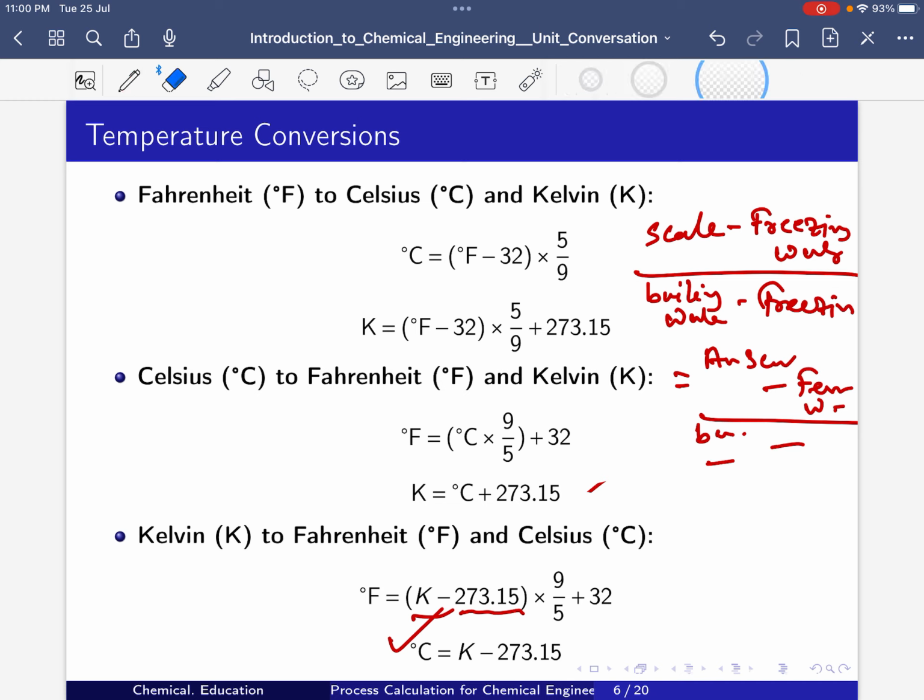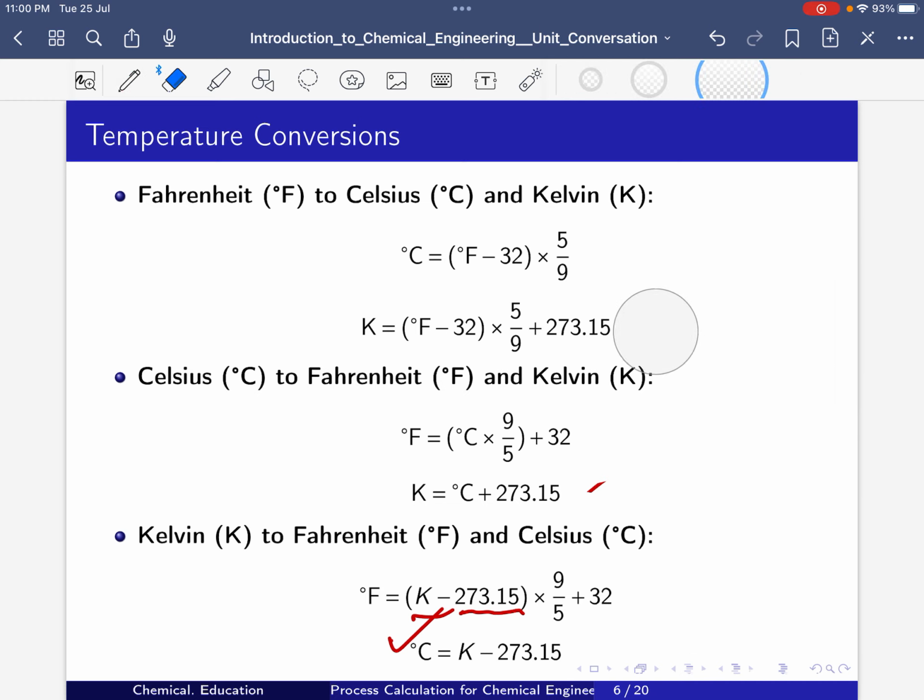So we can do it this way. We can formulate this formula. Otherwise we can remember this.